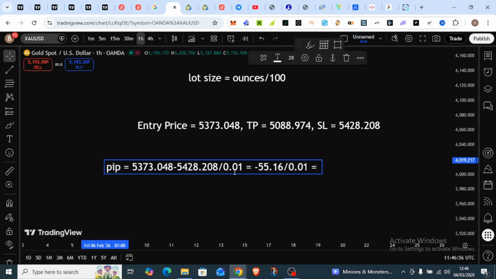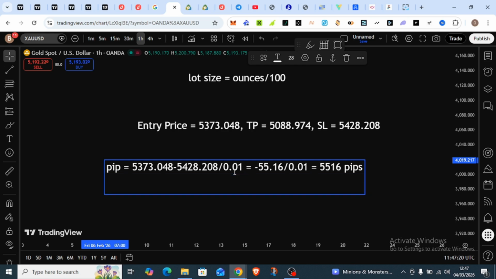Since we are looking at pips and not actually the monetary value, just look at the movement there. Can remove this negative. If you divide this, you are getting 5,516 pips. Can do the math on your calculator.